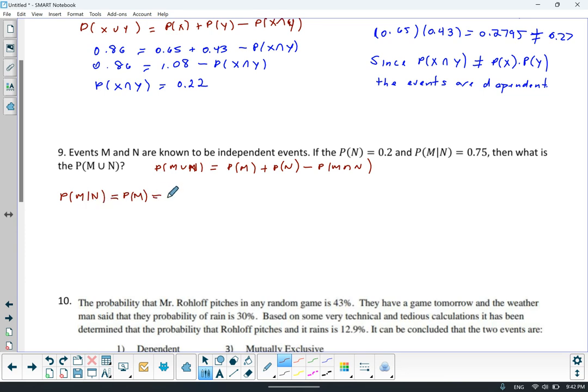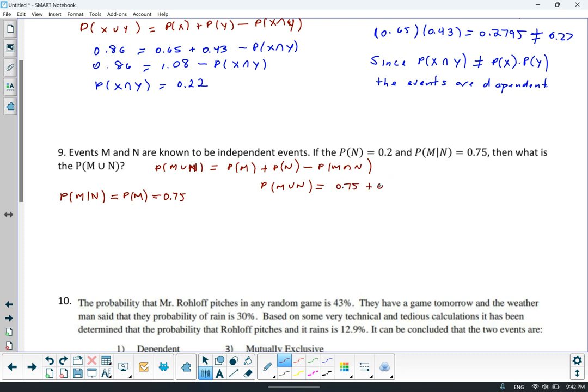And that means that M is also equal to 0.75. So let me write what I have so far. I know the probability of M is 0.75. I just figured that out.